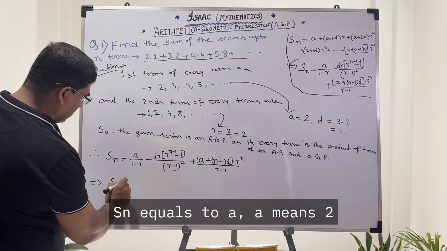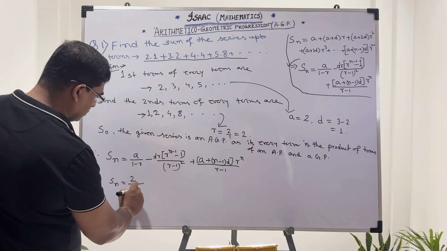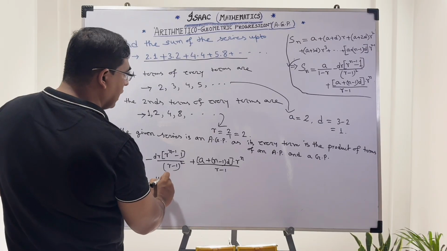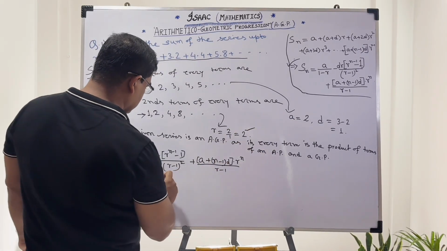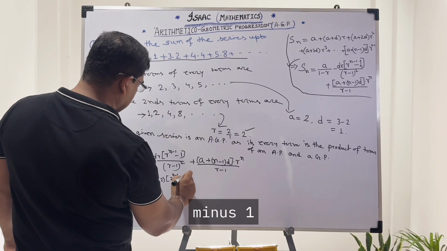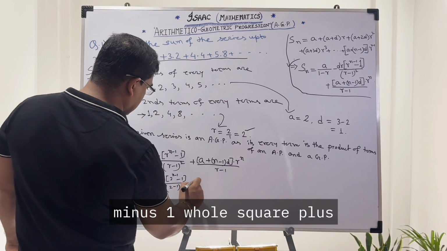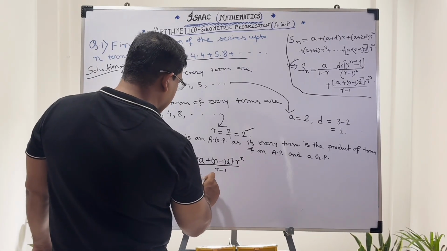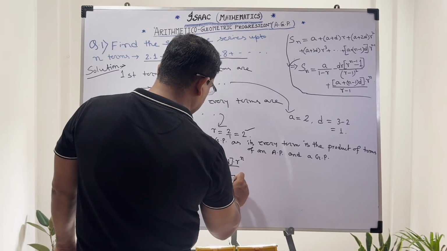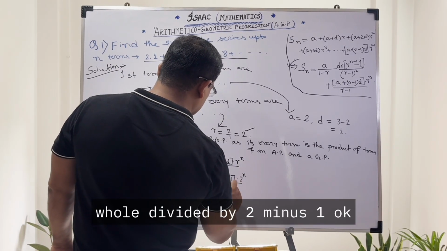This implies Sn equals, a means 2, r means 2, minus d means 1, r means 2, to the power n minus 1 minus 1, whole divided by 2 minus 1 whole square, plus a means 2, 2 plus n minus 1 into d means 1, into 2 to the power n, whole divided by 2 minus 1.